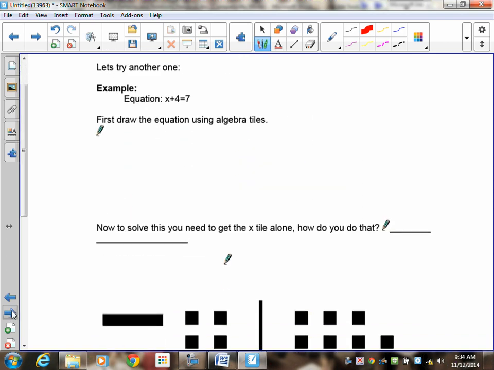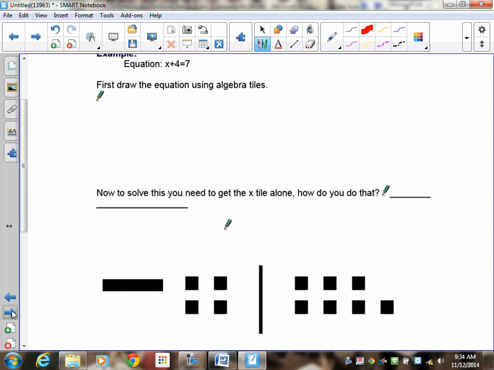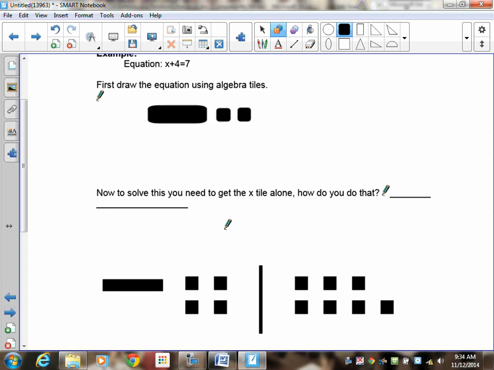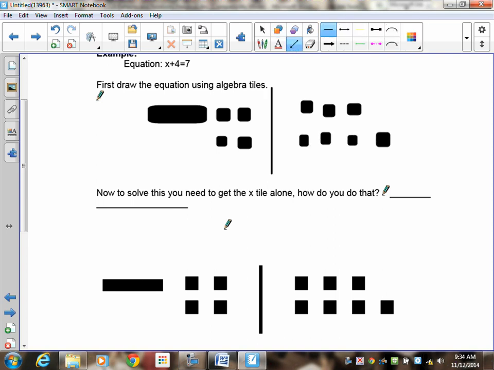What about x plus 4 equals 7? Well, first thing we need to do is to draw x plus 4 equals 7. So here's x plus 4, and then 1, 2, 3, 4, 5, 6, 7 with my equal sign. To solve this, I need to get the x alone.